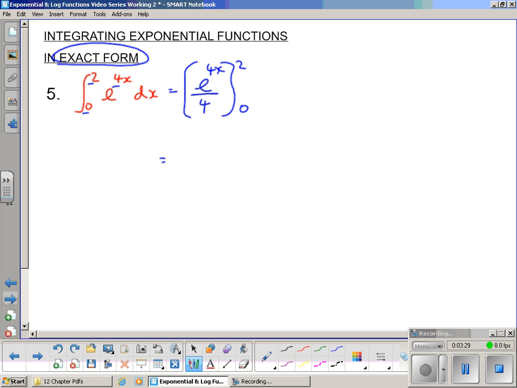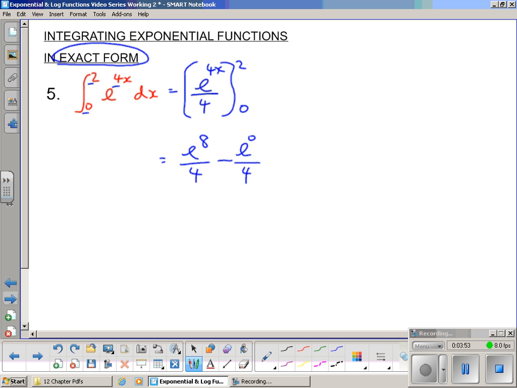Now we won't need to put plus c in this one because we have definite x values to process to a definite final answer. So when 2 goes in wherever there's an x, we have e to the 8 over 4, and when we sub 0 in wherever there's an x, we say e to the 4 lots of 0, which is 0 over 4.